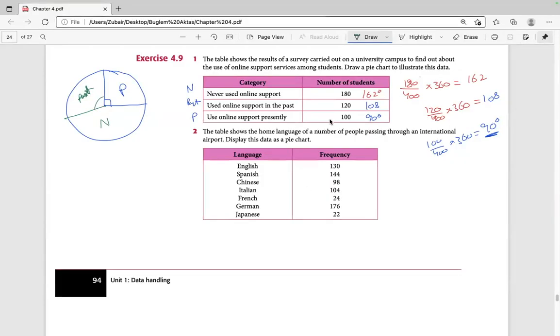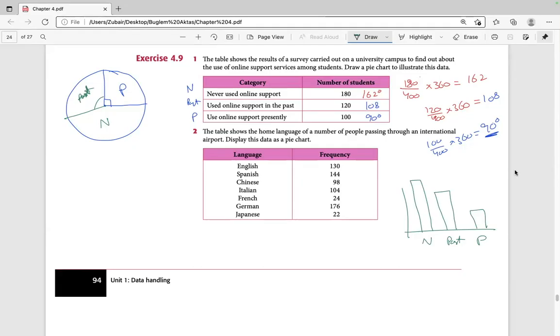If this had been a bar chart, it would be never used, past, and present. So never used is 180, this is 120, and present is 90. It would look like this. So both are giving the exact correct impression, that never used was the maximum chunk of it.